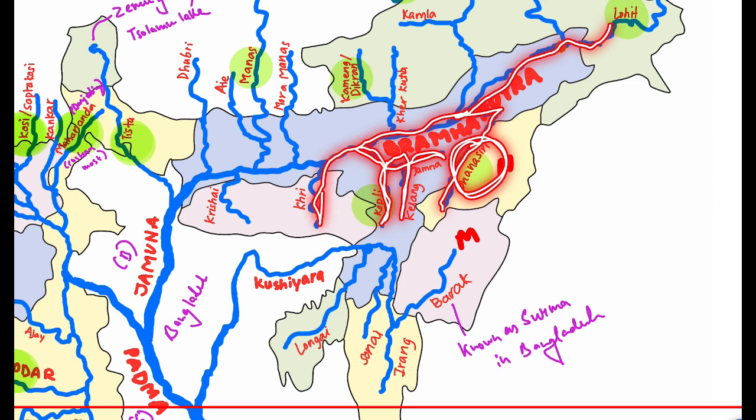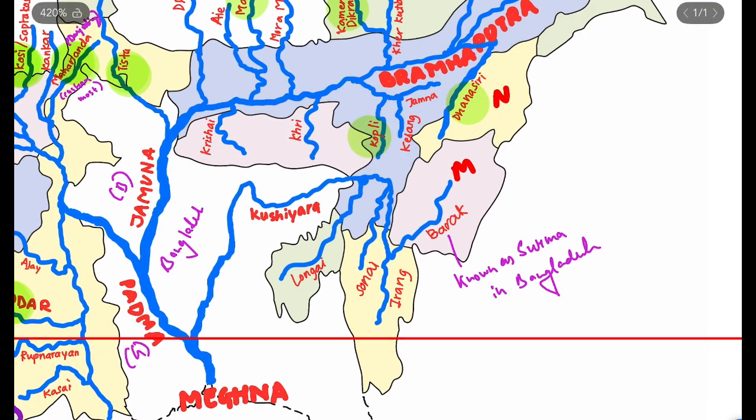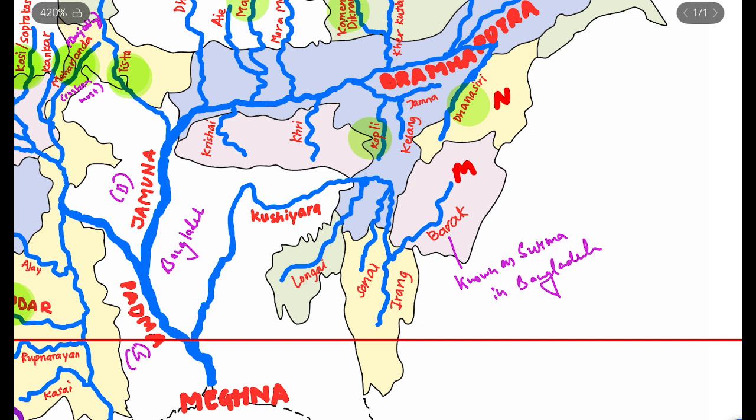Then Kharsang, then Krishnai. These are small rivers, not much important, but still you should remember. Then it forms the Jamuna. Then here, this is Nagaland. This is Manipur.